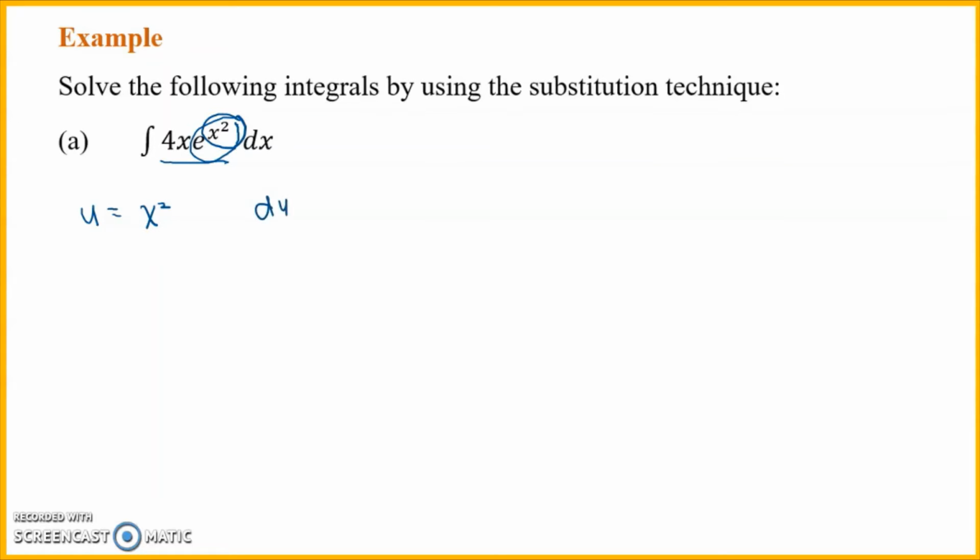So du dx, differentiating x squared gives us 2x. Then we derive dx equal to du. Okay, I bring this one to the left and bring this one to the right. I swap them. So dx is du over 2x.